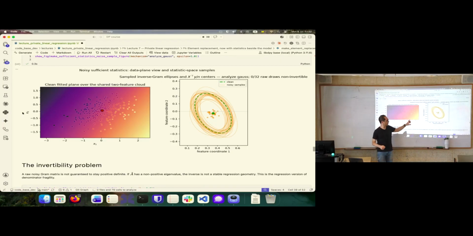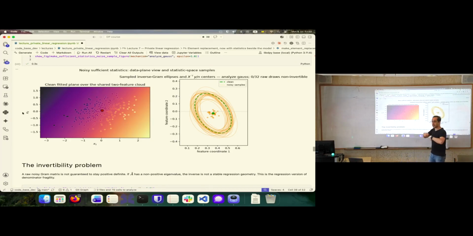And this is the step that the interactive plot was supposed to drill into our intuition: changing the data will shift my ellipsoid, right, by moving its center, which corresponds to x transpose y, and change the ellipsoid itself, its direction and its size, by controlling x transpose x.